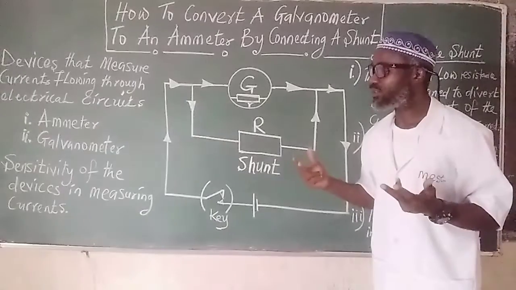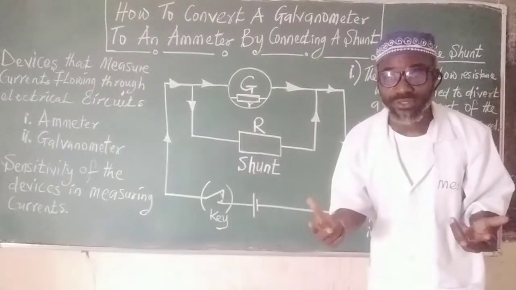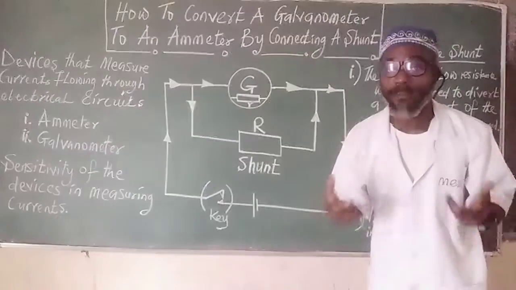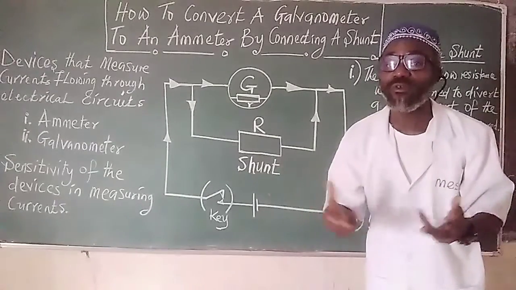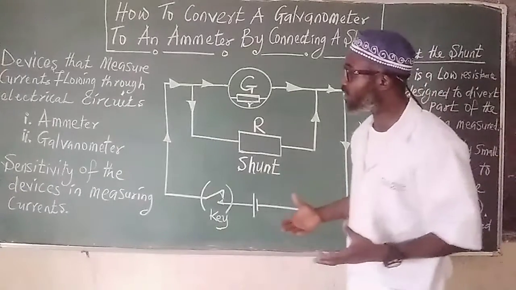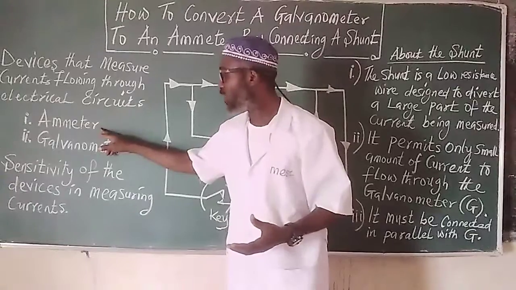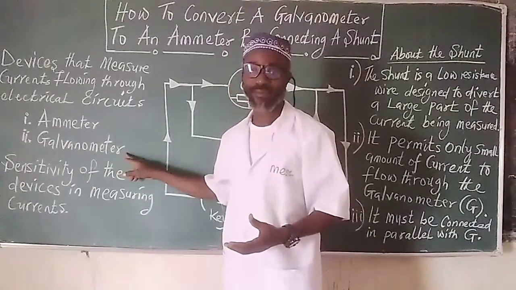There are two devices that can be used to measure the amount of current flowing through an electrical circuit. And these devices are, the first one is ammeter, second one is galvanometer.